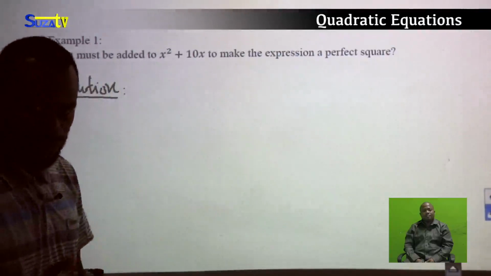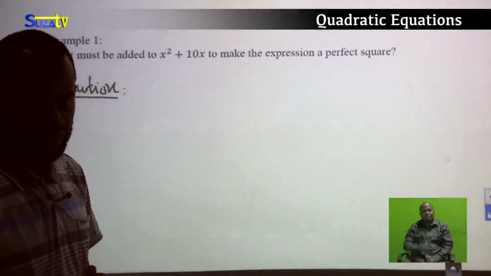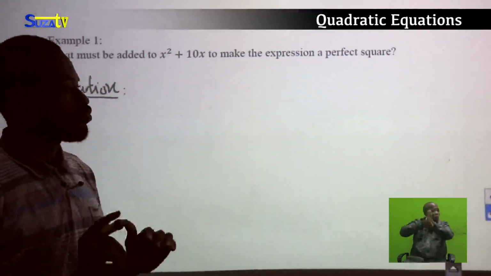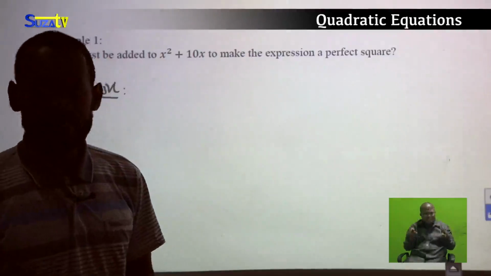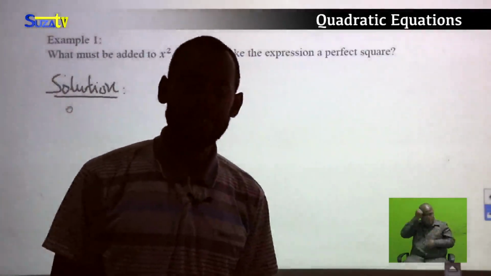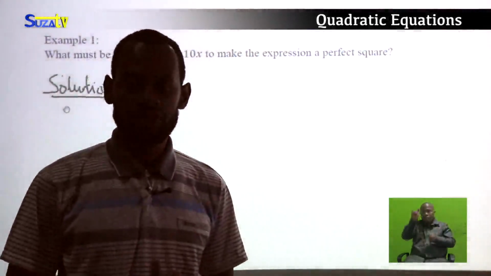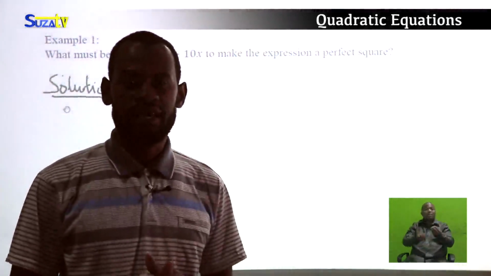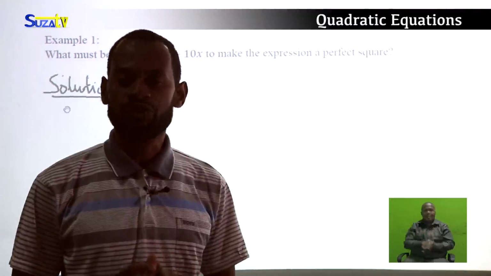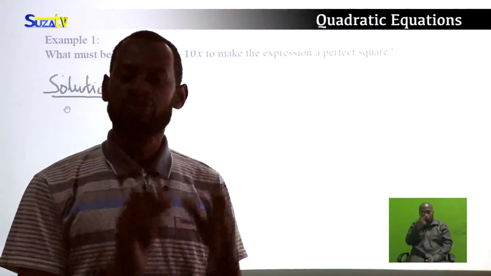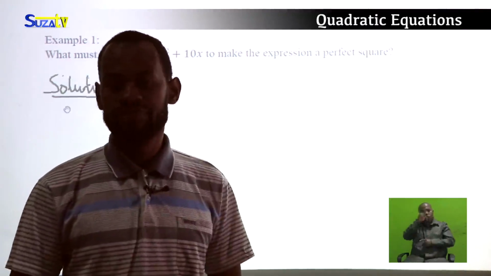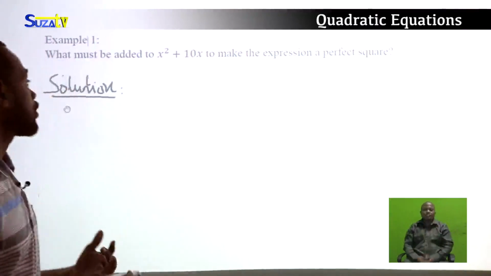Do you remember what we said earlier? Yes. To make an expression a perfect square, we are supposed to add b over 2a squared to that expression. So now let's go and see.